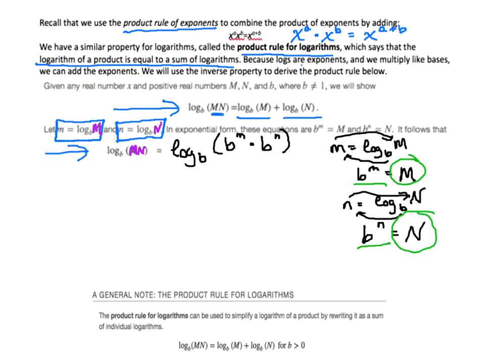Okay? And my product rule for exponents tells me that I can combine those into one exponent by adding the exponents. So that's going to equal log base b of b to the m plus n.